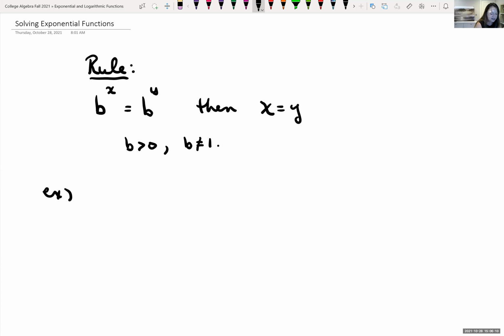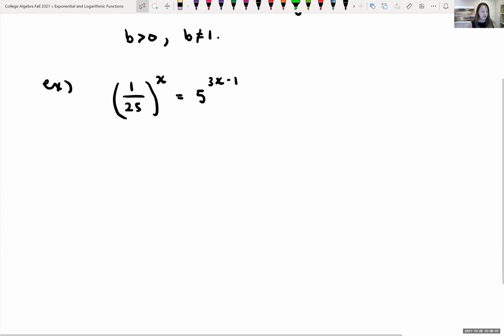So let's say we had 1 over 25 raised to the x power is equal to 5 raised to the 3x minus 1 power. And so we want to try to manipulate this to have the same base. I noticed that 25 we can rewrite to have base 5.